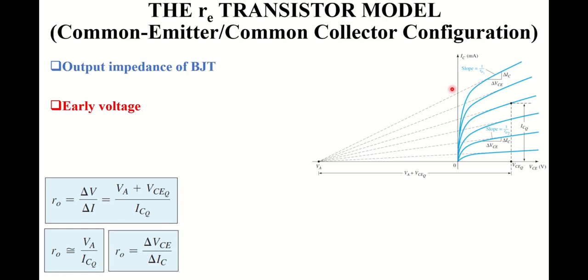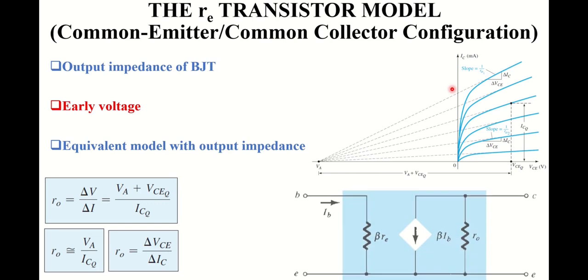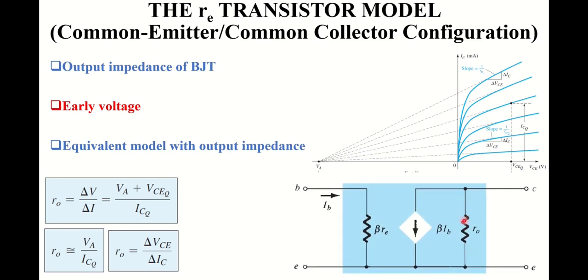The output impedance can now be defined as a resistor R0 in parallel to the output as shown in the equivalent circuit diagram. Here, as you can see, we have connected a non-ideality factor by R0 in parallel to beta IB that was earlier defined.